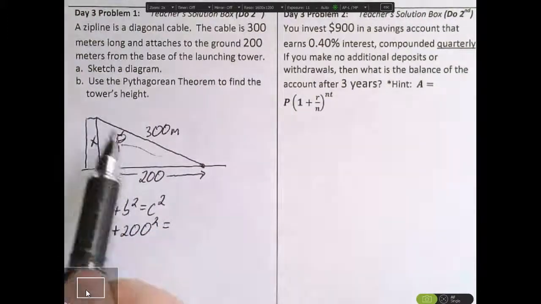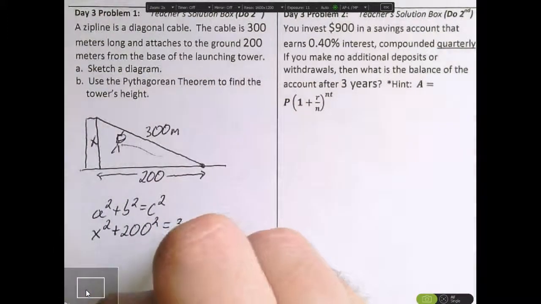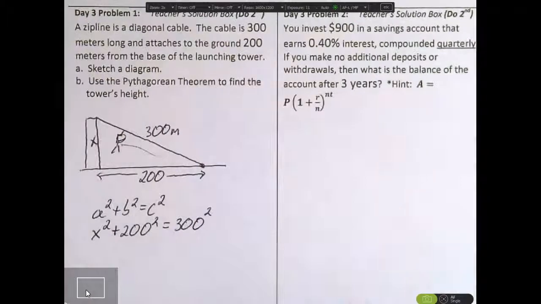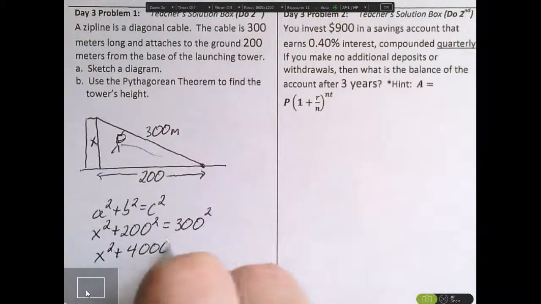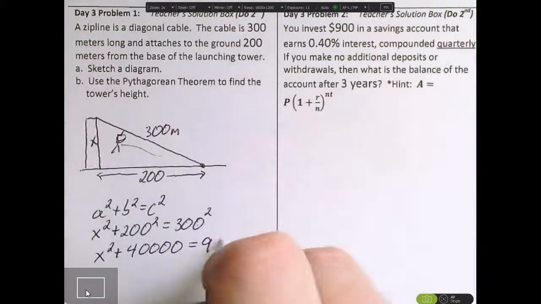And the hypotenuse, the 300, that is the c. So x squared plus, let's see, 200 times 200 is a 4 followed by 4 zeros. Over here, 300 squared. 300 times 300 would be a 9 followed by 4 zeros.